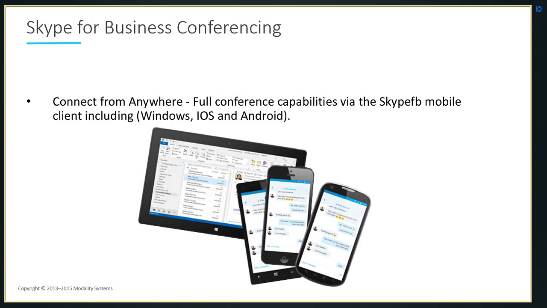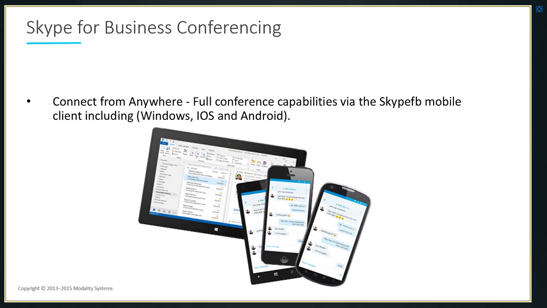Another point which I mentioned was join from anywhere, as Microsoft states. So this is where you can use, we've got here a tablet or a Surface Pro, mobile devices where you can click on your Outlook calendar and join a conference.